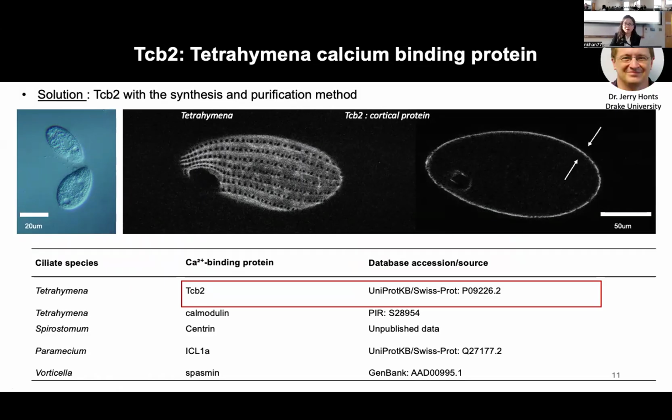We found that TCB2 and other calcium binding proteins are homologs in this system, and Dr. Honts has studied the Tetrahymena TCB2 protein for decades, and he knows exactly how to synthesize and purify it, so that we could do more experiments.